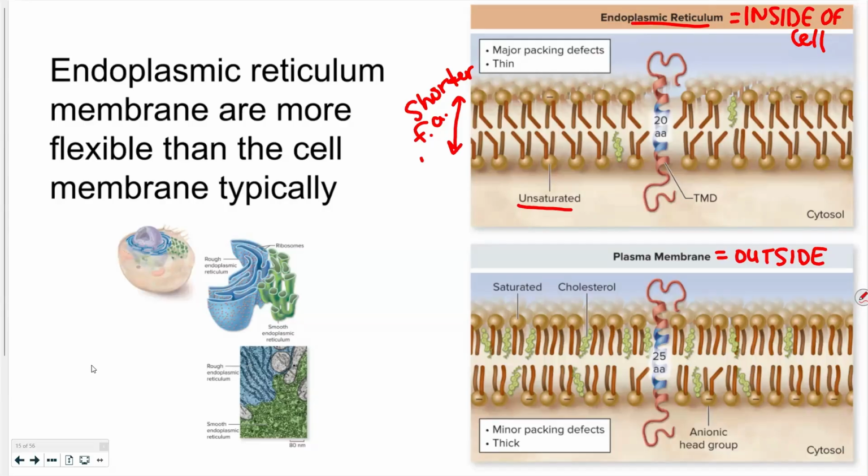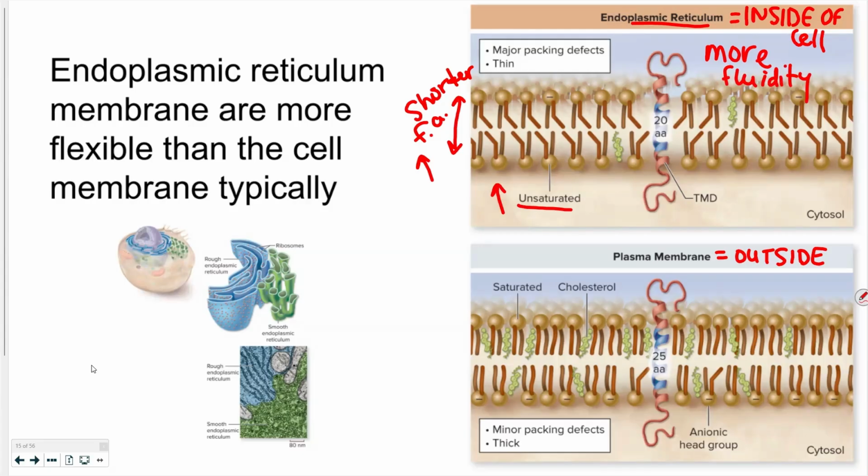So having shorter tails is going to increase the fluidity. Having unsaturated fatty acids is going to increase the fluidity. So we can think about it: the job of an endoplasmic reticulum needs more flexibility, more fluidity, compared to the plasma membrane.